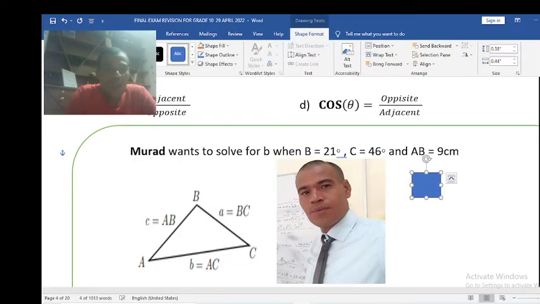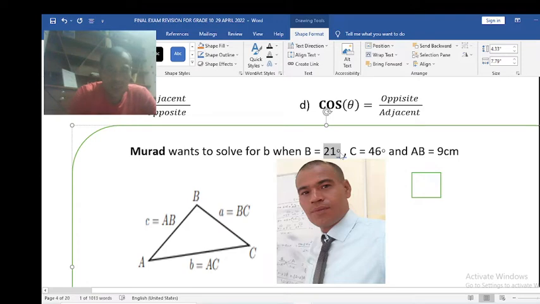Then I will write here angle B is 21 degrees. I will copy here. This is 21 degrees, and this is the angle B.